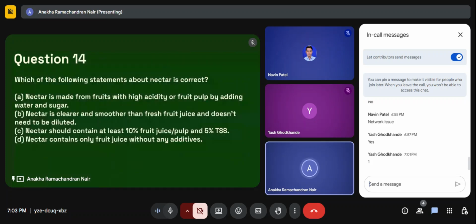Option 3, nectar should contain at least 10% fruit or fruit juice or pulp and 5% total solids, soluble solids, right? And option 4, nectar contains only fruit juice without any additives. So out of these four, which is or are correct?